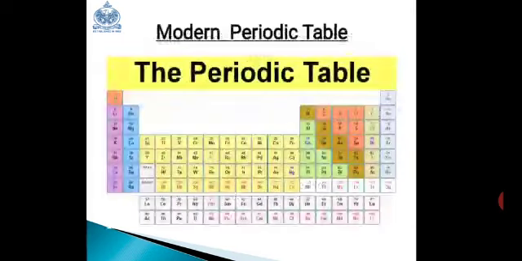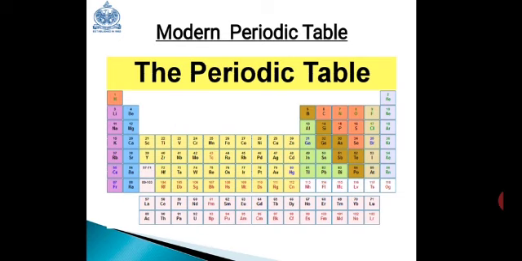You can see the modern periodic table. Besides this yellow part in the center, you can count the 8 vertical columns, which are called groups. There are 8 groups and 7 horizontal rows called periods. The yellow highlighted part in the center are transition elements.